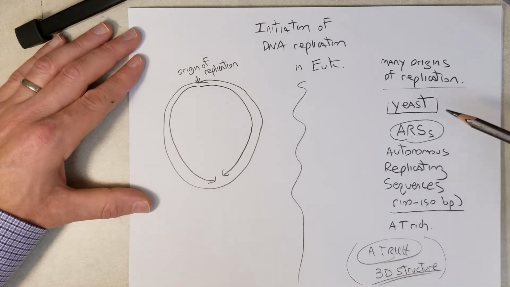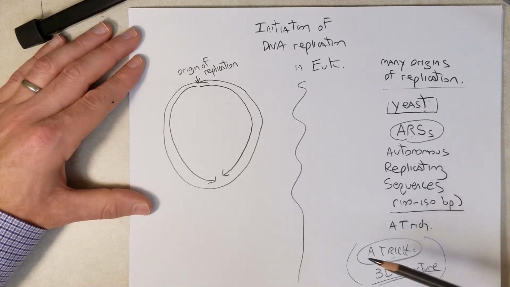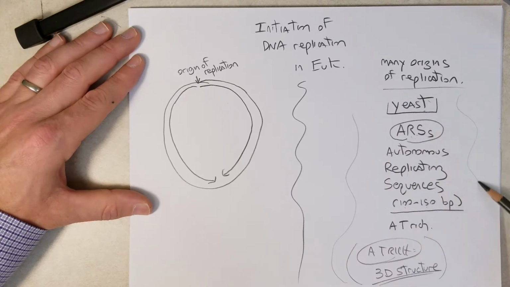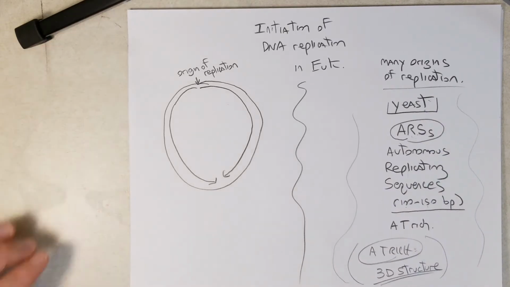But for the most part, we still don't really know what makes an origin in yeast, and what makes an origin in higher eukaryotes like humans. So I want you to check out the notes. It's just 1 or 2 pages of notes on these for some more background information.